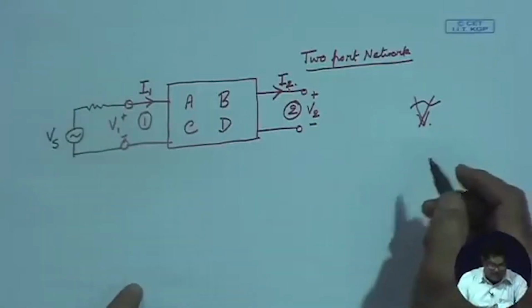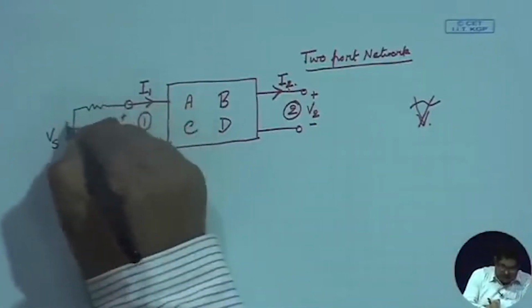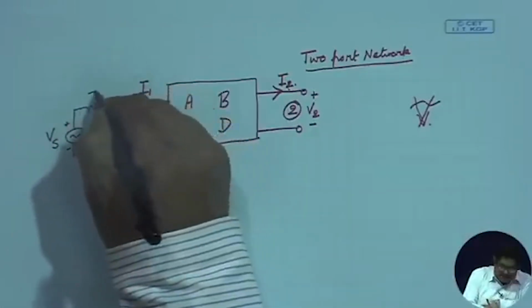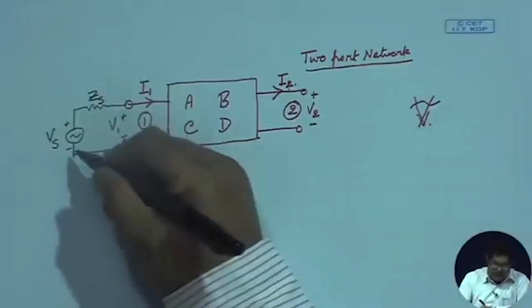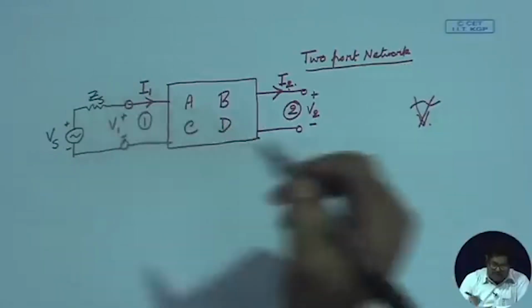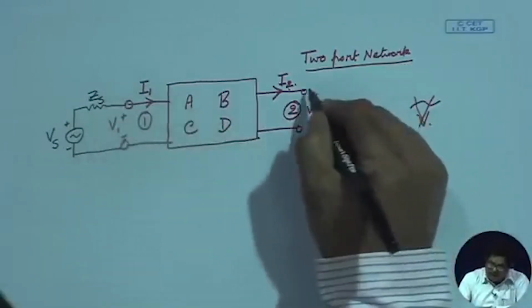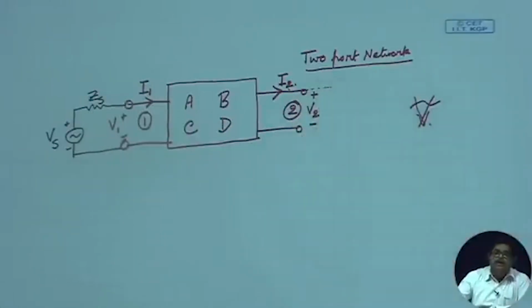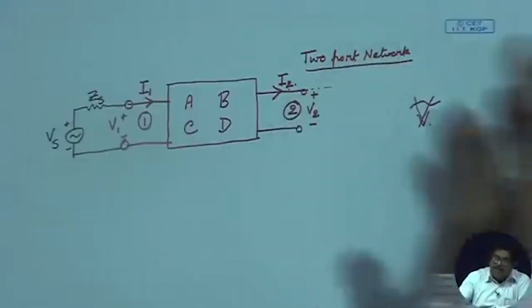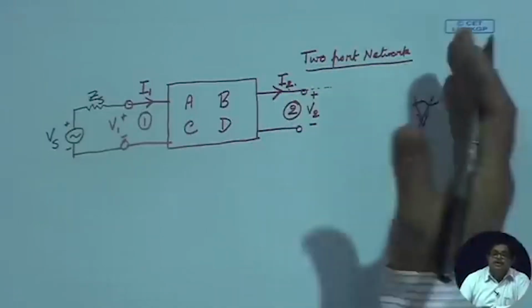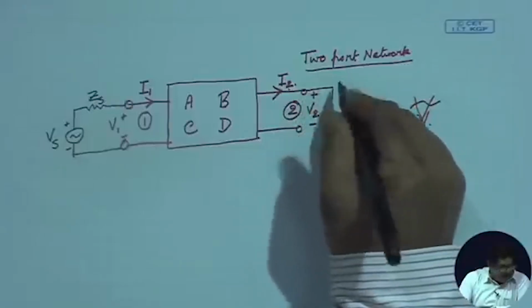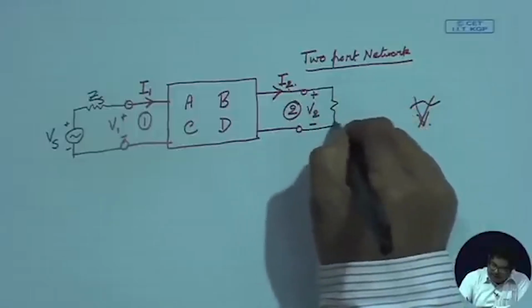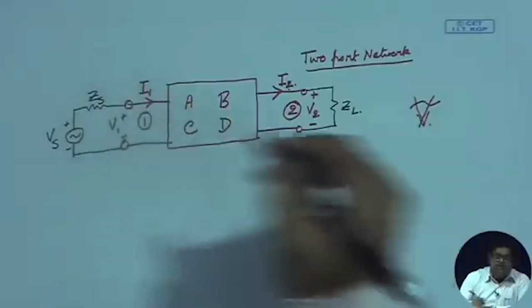So, I call that generator Vs, an AC source with assumed polarity like this, and the internal impedance is Zs. So, voltage source with internal impedance Zs is connected to port 1 to excite this network, and there will be some other electronic two-port blocks, but for this we assume that that is acting as a load impedance to this. All these load impedance and source impedance, they are complex in nature, generalized impedance.